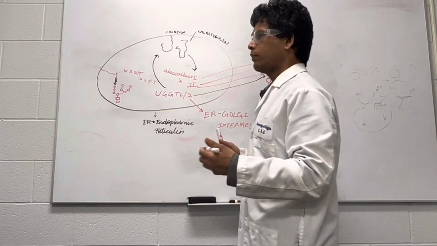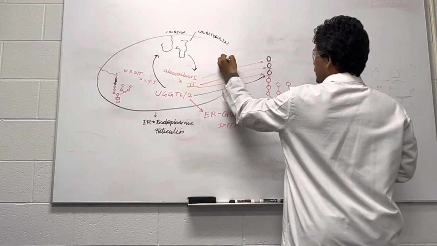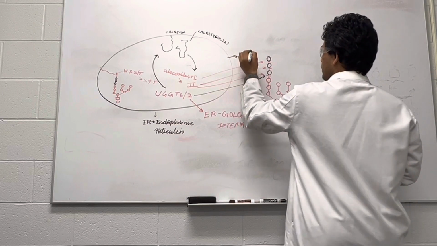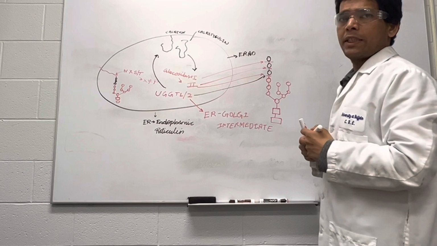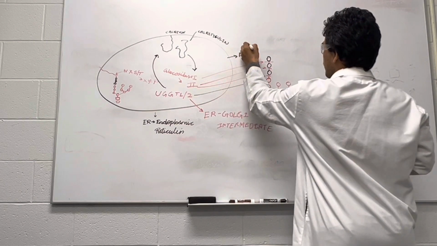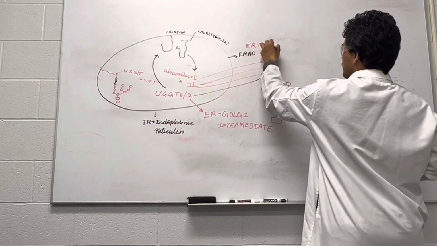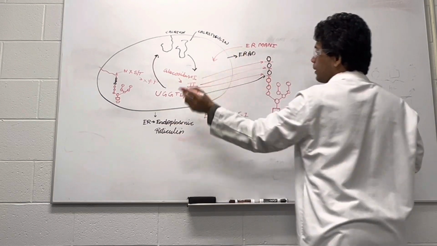In order to take care of this, there is another path called ERAD. Its full form is endoplasmic reticulum associated degradation. There is an enzyme called ERMAN1. It is also present inside the endoplasmic reticulum.